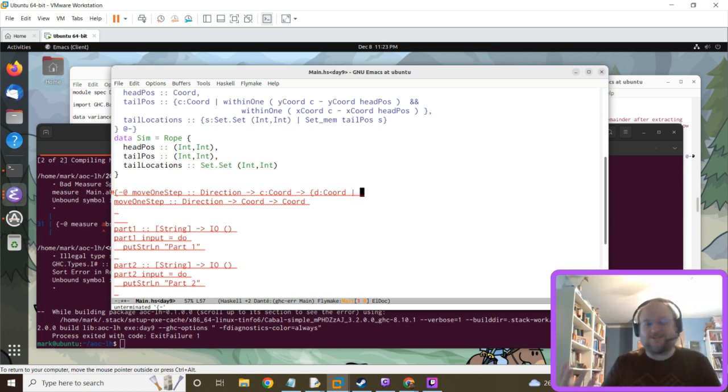So either the x coordinate is the same or the y coordinate is the same, but not both. So x coord c equals y coord d, or x coord c... I don't think we have an exclusive OR operator.